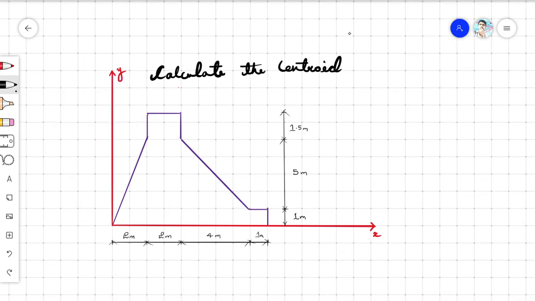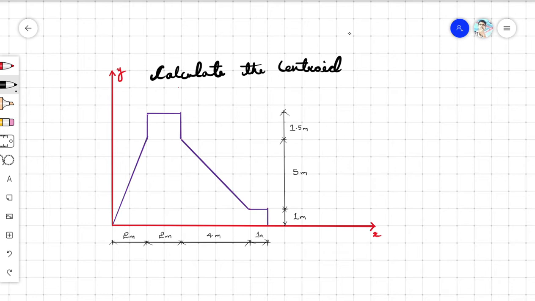If a section is given like this, you have to break this built-up complex section into known basic sections, that is basic geometrical components. You can see there is one triangle over here.